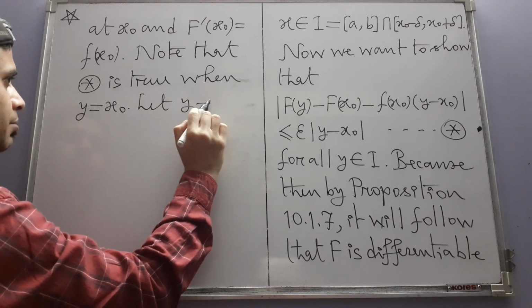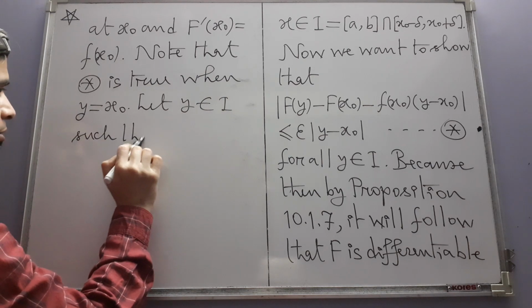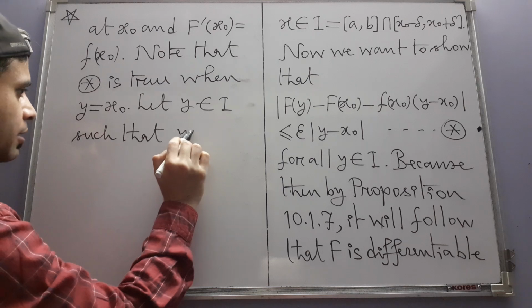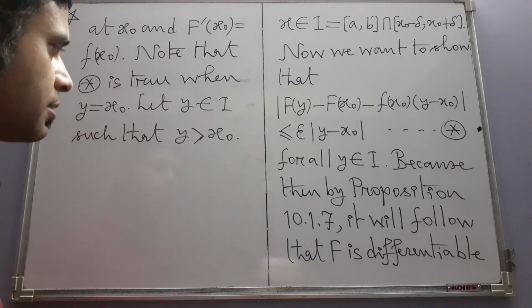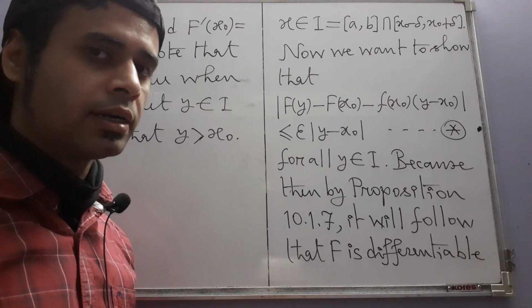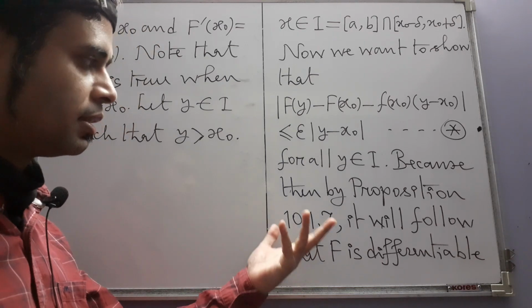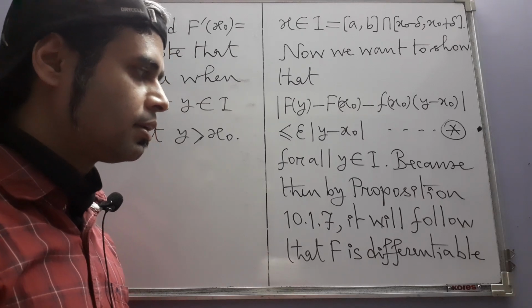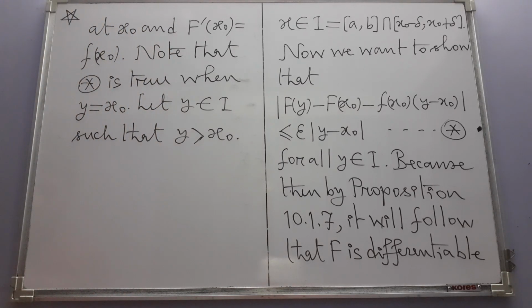Let y be some point in I such that y is greater than x naught. There is that other case where y is less than x naught. That case is exactly similar to this one. So in the book also it's not done. I have done this and I will just leave it to you. Okay.